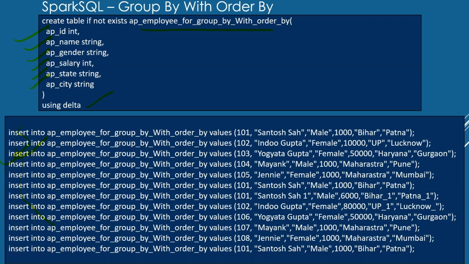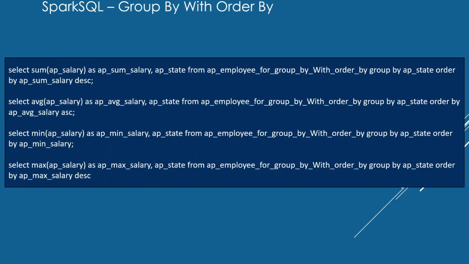Let's go to the PPT. What we are doing here, we are writing a query. In the query, we are using the group by statement, making a collection of data based on the value which is present in AP state. On each collection, we are performing our aggregate function, AP sum salary, and this is the alias name of this aggregate function.